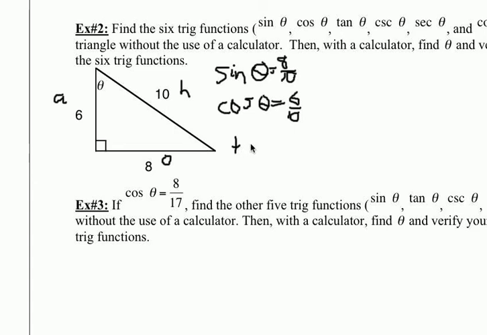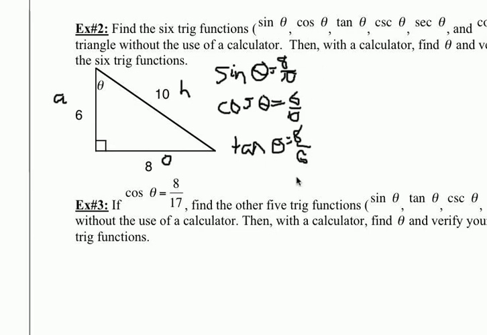Tangent is TOA. TOA, opposite over adjacent. My opposite is 8. Got a little equal sign here. And my adjacent is 6. Now, believe it or not, once you reduce these numbers, I have almost all of my work done.